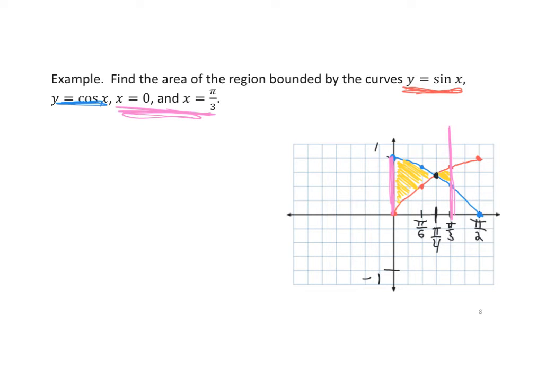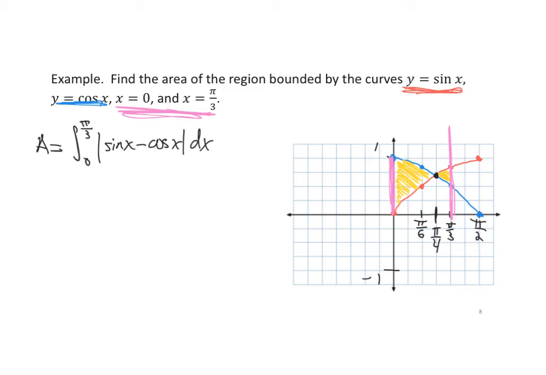Using the fancy formula, we would say integral from 0 to pi over 3 of absolute value of sine x minus cosine x dx. But as I said, this formula is not useful. We're going to focus more on the work we did over here to figure out which function is the top and the bottom function and where it changes.